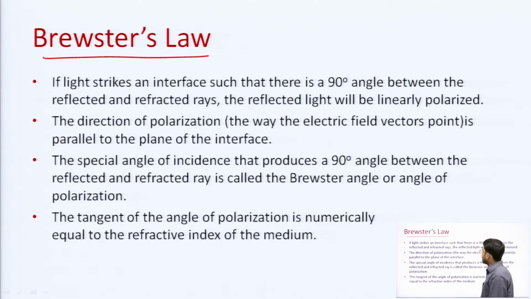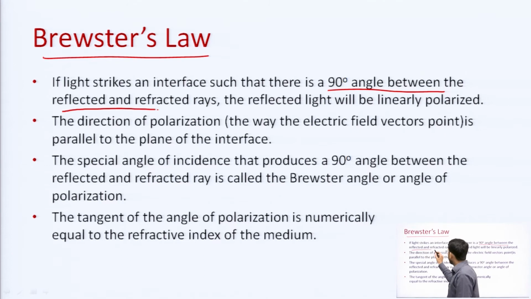If light strikes an interface such that there is a 90-degree angle between reflected and refracted rays, then the reflected ray is linearly polarized. We know that if light falls on a transparent surface, some light is refracted, enters the medium, and some light is reflected back.